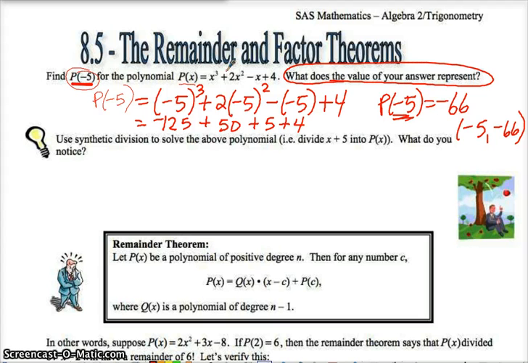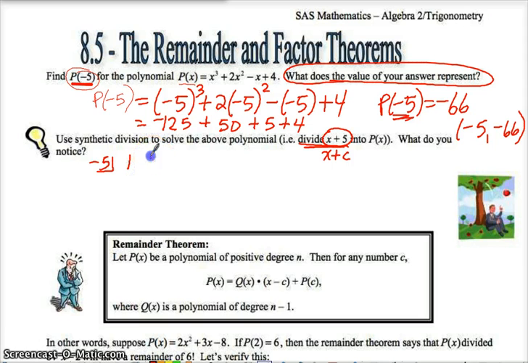Okay, well, it says use synthetic division to solve the above polynomial. So for example, we're going to divide by x plus 5. We're going to divide x plus 5 into p of x. What do you notice? Well, because I'm dividing by x plus 5, which is in the form of x plus c, I'm going to use synthetic division because it's much faster to me than long division.